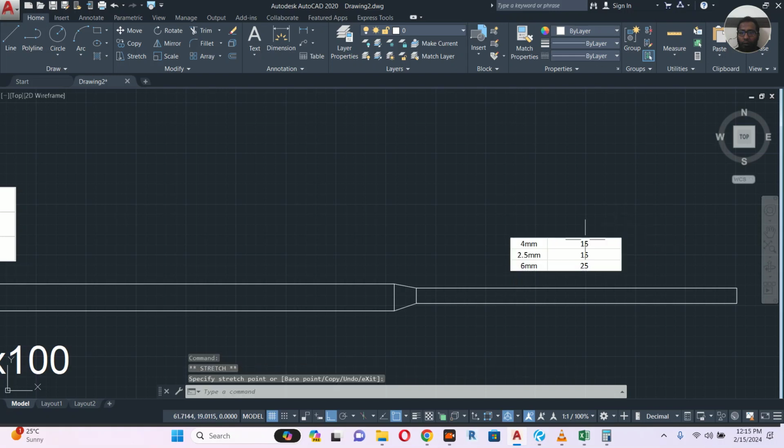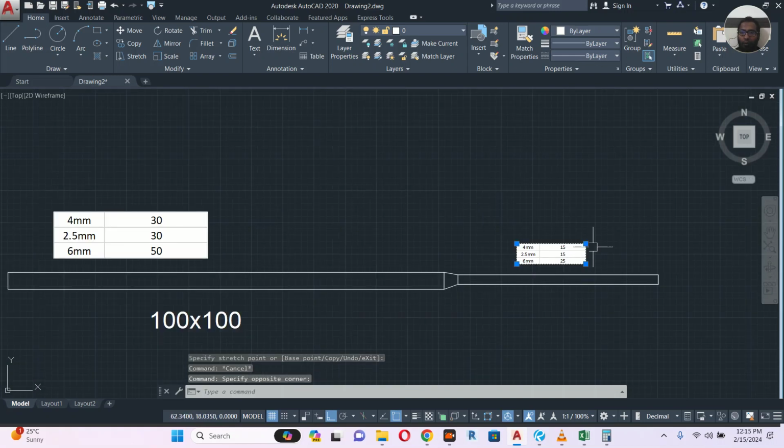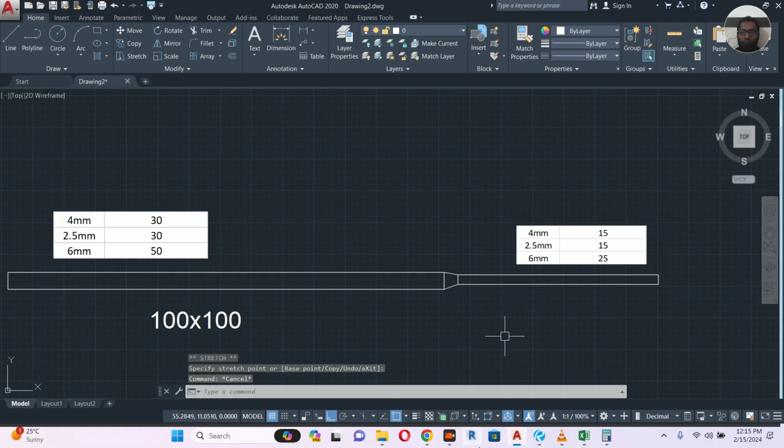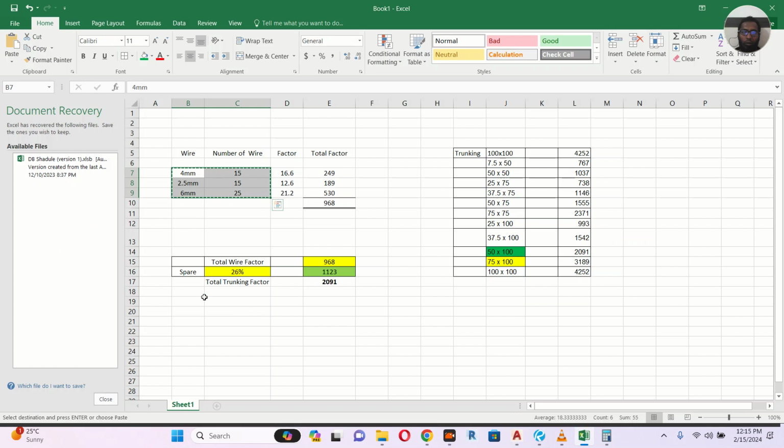Then, anyhow, you have to put the, how did you calculate this one? So total trunking factor is 2091. So here you have to put this data. Okay, trunking size or trunking factor.